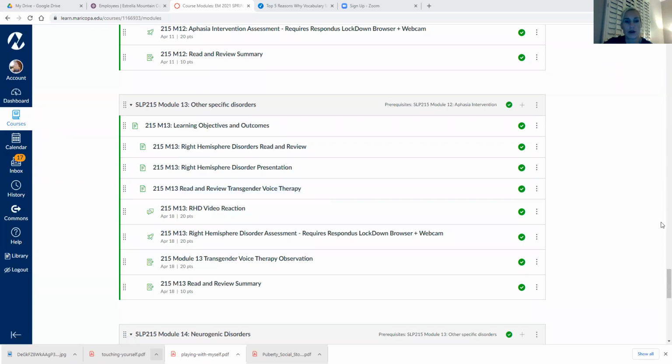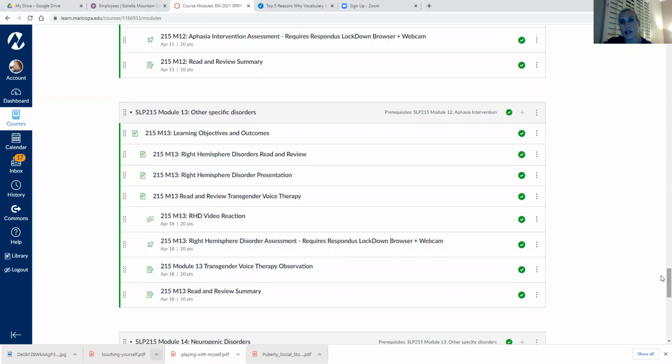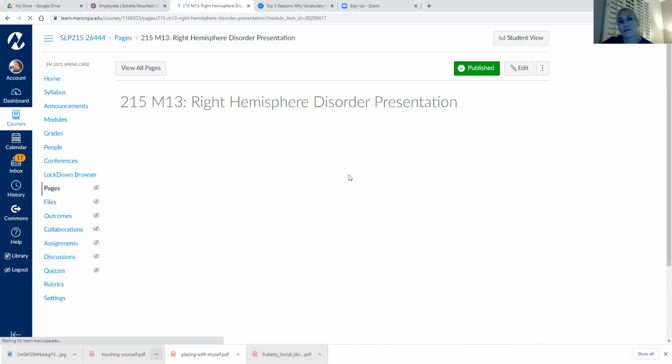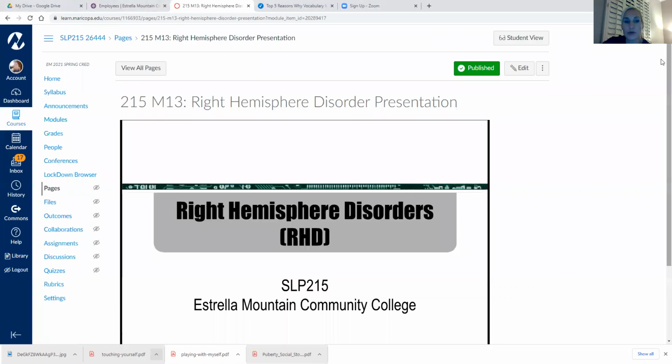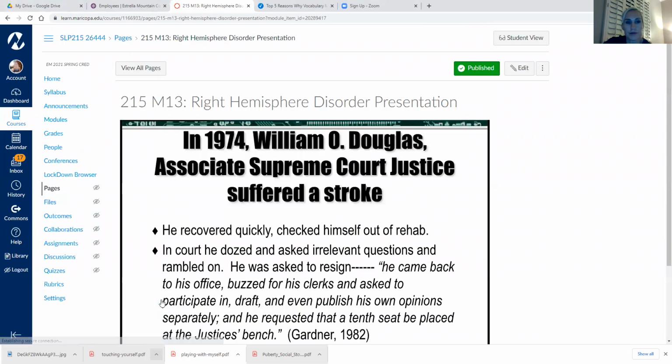Other specific disorders. Some things that are kind of what I would say others. Oftentimes, like I said, in adult rehab, we are mostly doing aphasia and right hemisphere disorder. A couple different things I want to say about that is it's kind of underreported, and that's for a variety of reasons.